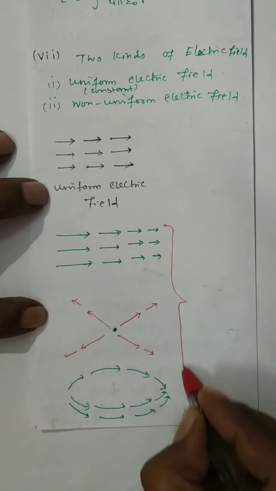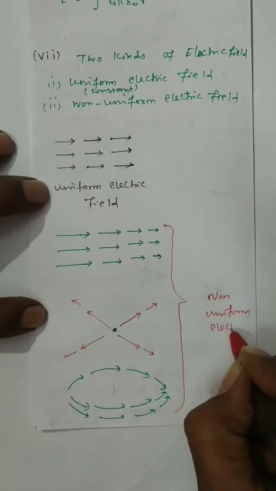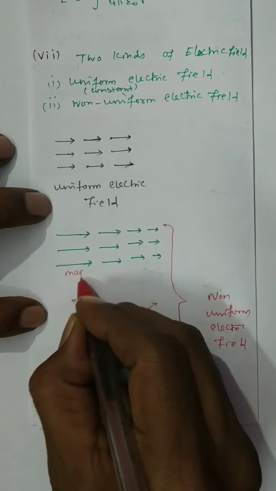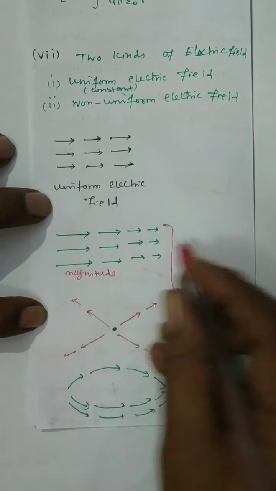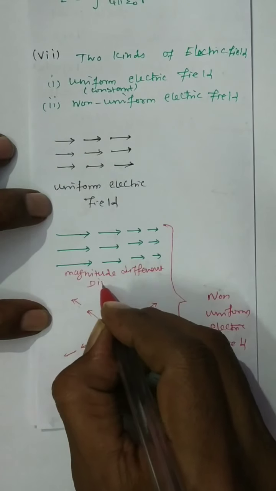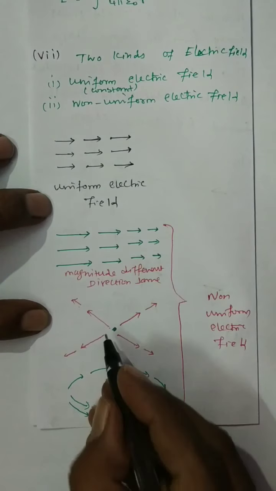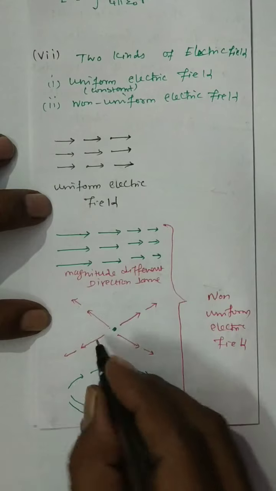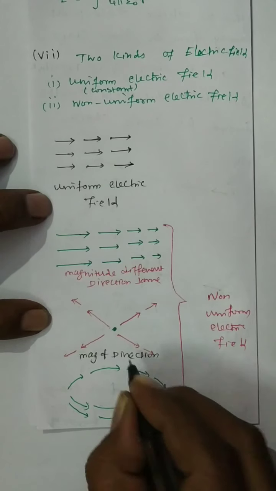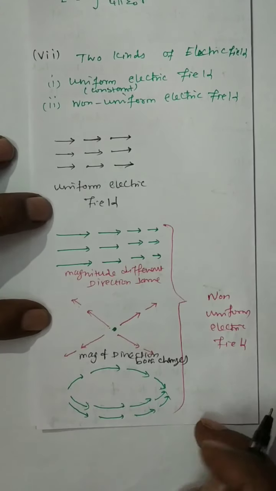In the first figure, the magnitude is different at different points, direction the same. In the second figure, magnitude and direction both change. Here direction and magnitude both change.